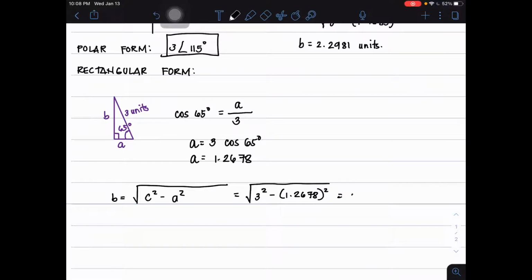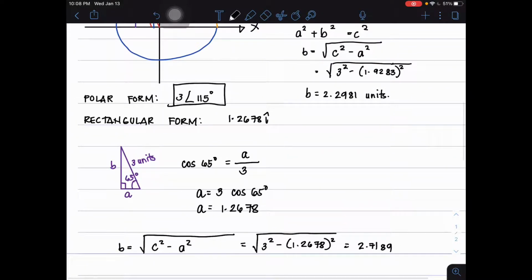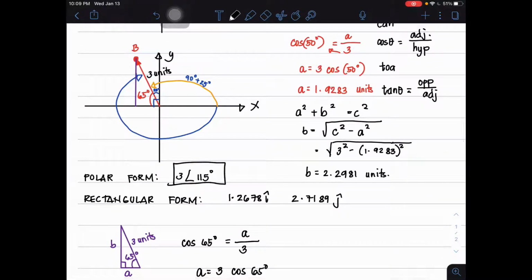So that's 2.7189. Therefore, the rectangular form would be 1.2678 i hat and then 2.7189 j hat. But we need to identify who is positive and who is negative.